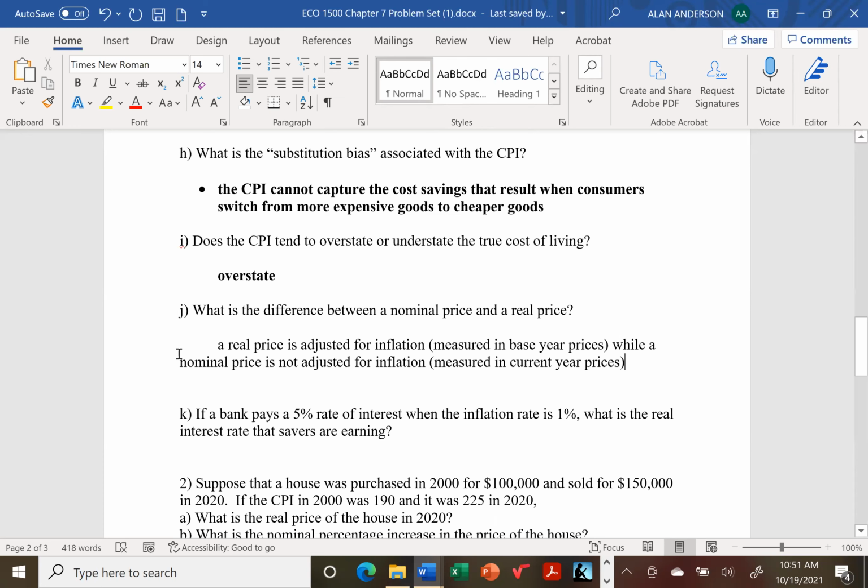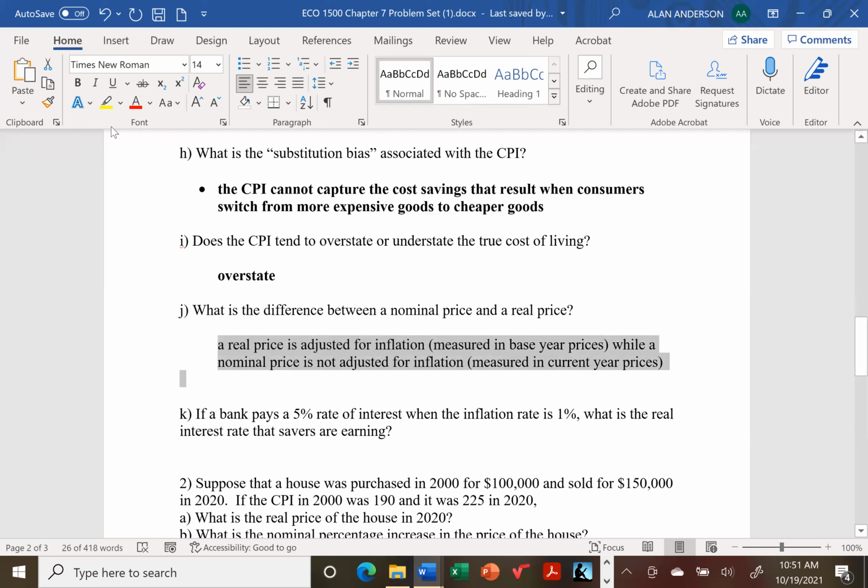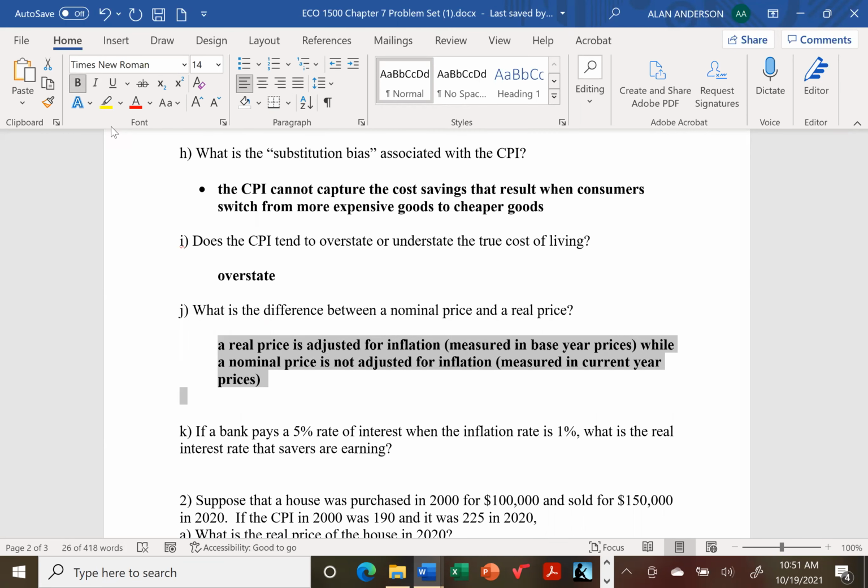So that takes care of that. And of course, it's not just prices. We can make a distinction between nominal and real GDP, and between nominal and real interest rates. In principle, we can make a distinction between nominal and real for any variable that we want. But typically, that's where it is applied: prices, GDP, interest rates, because it makes a big difference in terms of purchasing power.